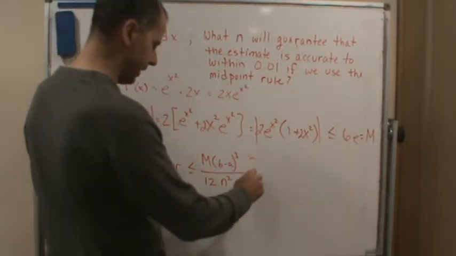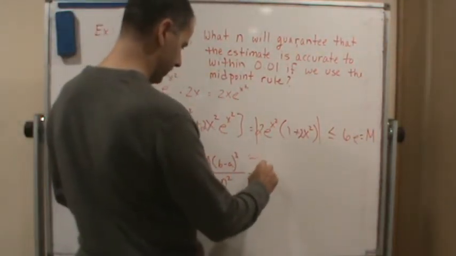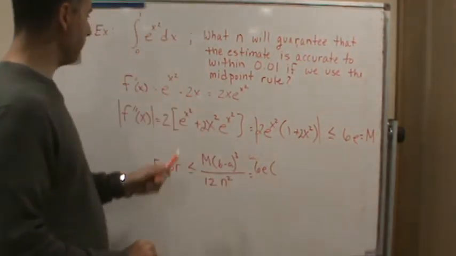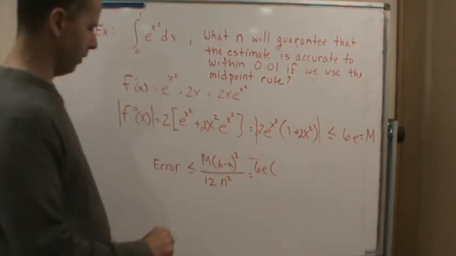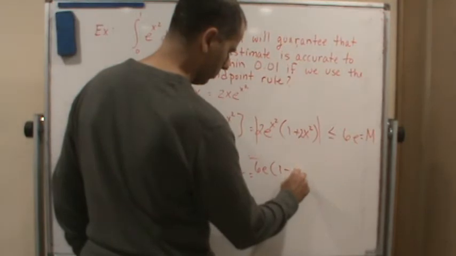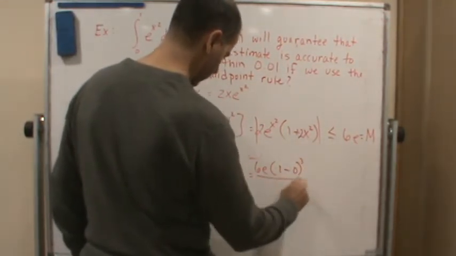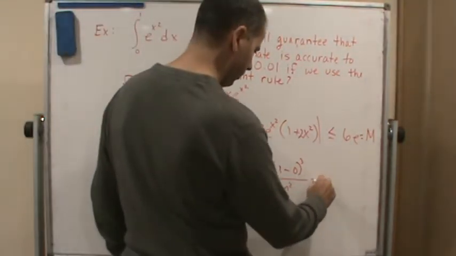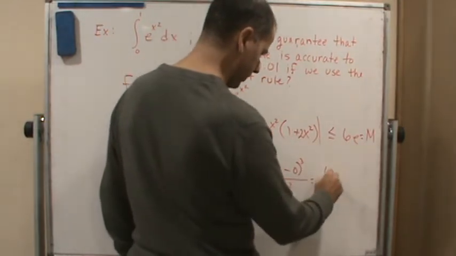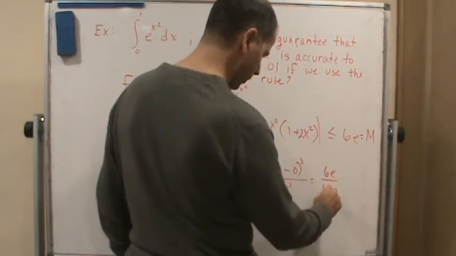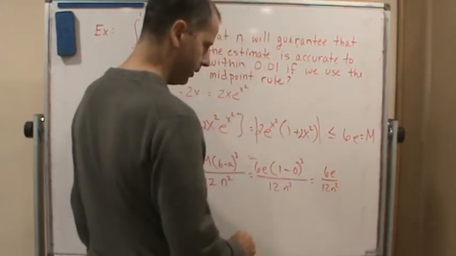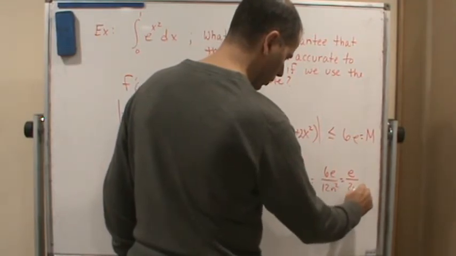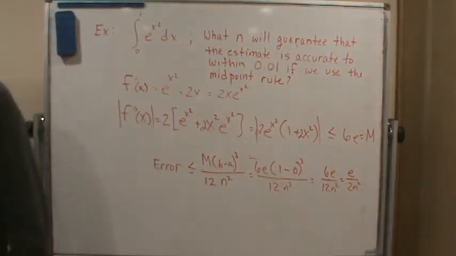If we plug this in, this is equal to 6e times (1 minus 0) cubed over 12n squared, which is equal to, well, this is just 1 cubed, which is 1. So this is equal to 6e over 12n squared, which basically reduces to e over 2n squared.